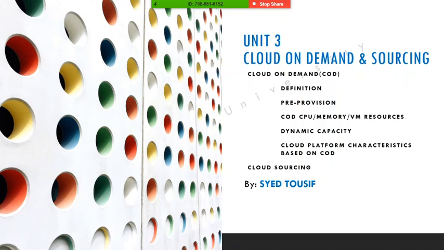What is the use of cloud on demand, how we can use it, and what are the subtopics that come in cloud on demand, like the definition and the information related to that one: pre-provisioning, and cloud on demand CPU, memory or virtual machine resources. Okay, some tracking mechanism, dynamic capacity, and cloud platform characteristics based on cloud on demand.